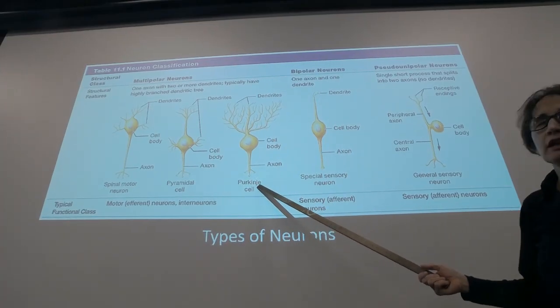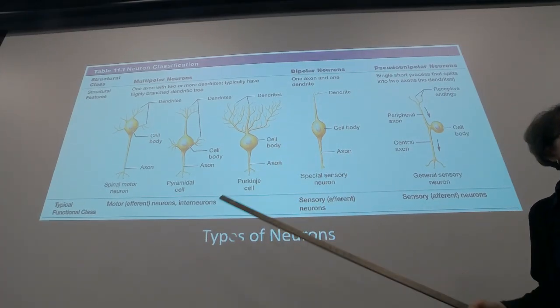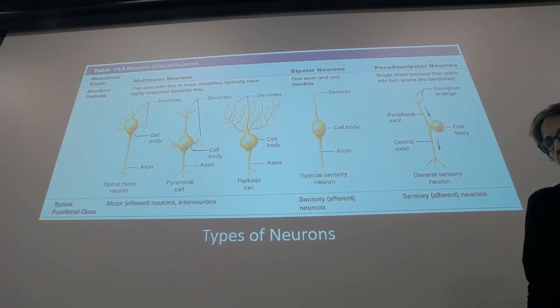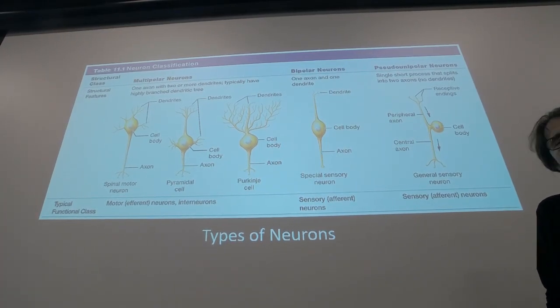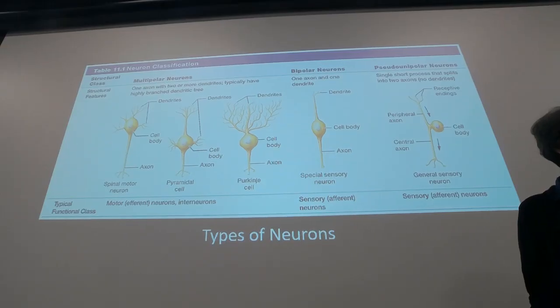This one is located in the cerebellum. It's a tiny organ that we have here behind our brain and inferiorly that helps us to maintain equilibrium so that we don't fall.